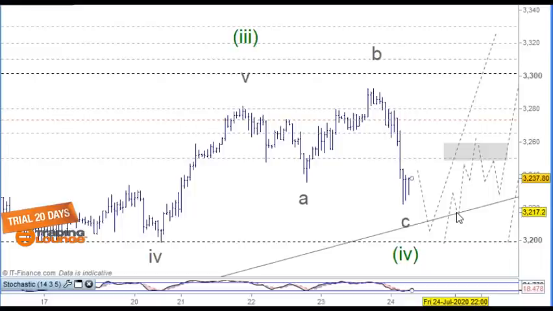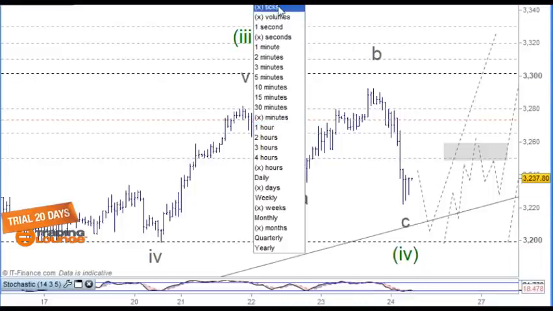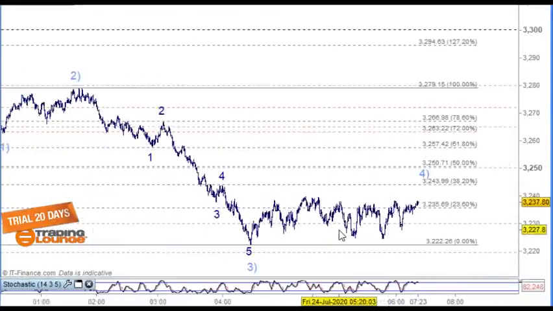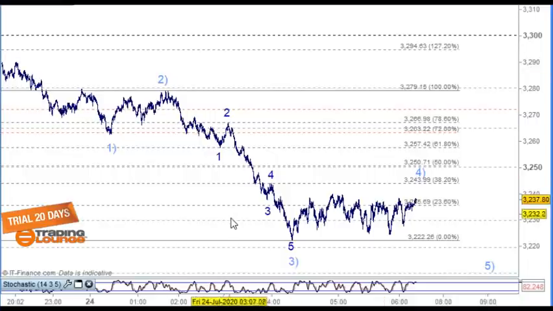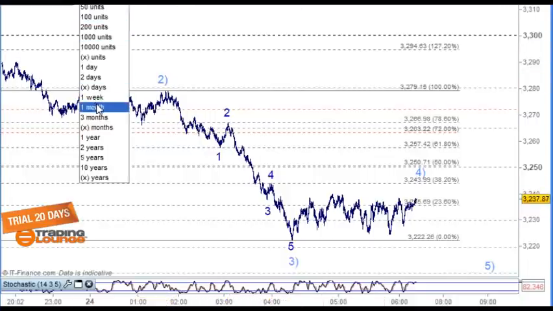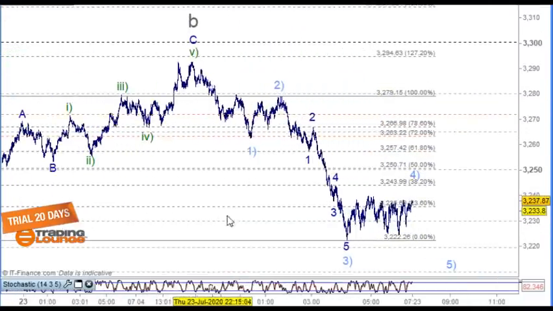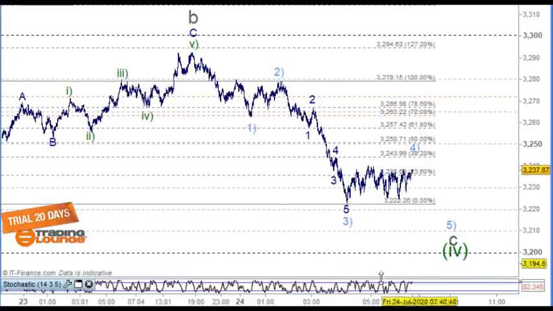You need the tick chart for that, so if I go to the tick chart here, we'll just be looking for these 5 waves down here as such. The other point I need to point out too is that, apart from my counting the waves, the reality is that we just have 3 waves down here.